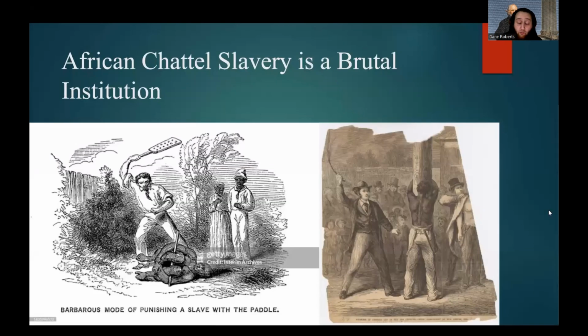And as I have said repeatedly in most of the previous videos in the series, African chattel slavery was a brutal institution where individuals would be, as most commonly is associated with this institution, whipped or lashed for any minor infraction, but also enslaved Africans and African Americans would be subject to other tortures, such as tying them up and beating them with a paddle, hangings, beatings with rods, and of course, executions for any minor infraction.